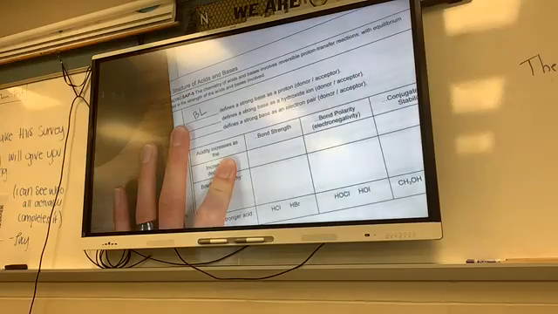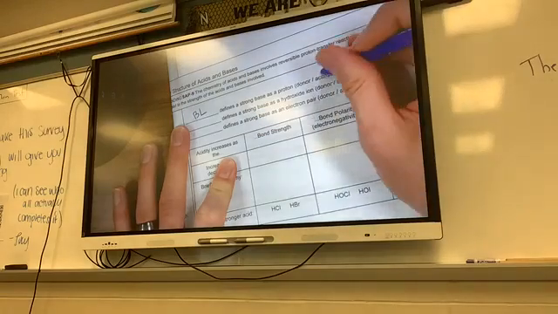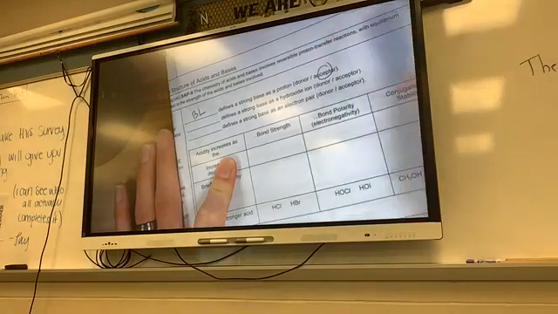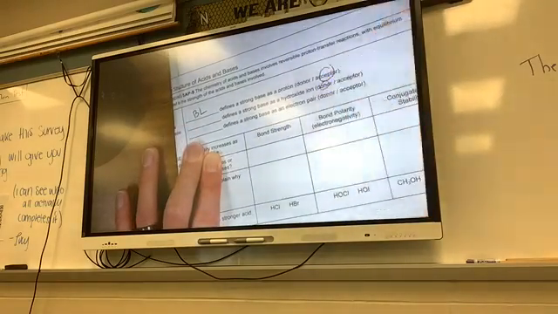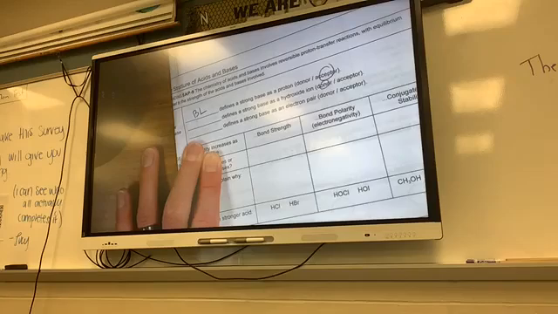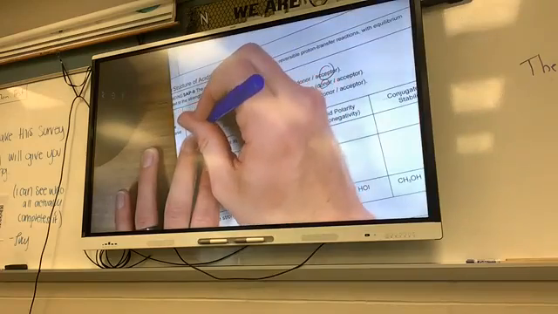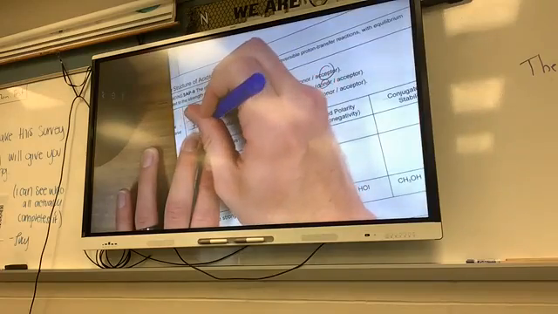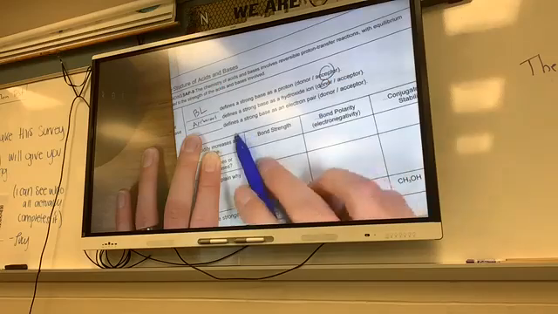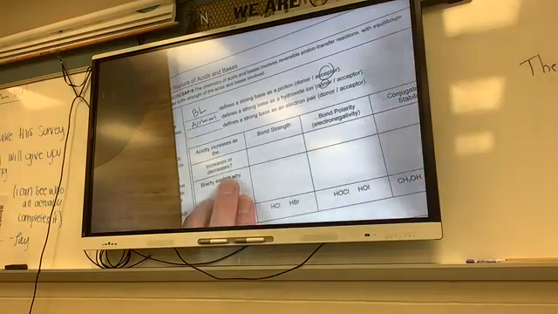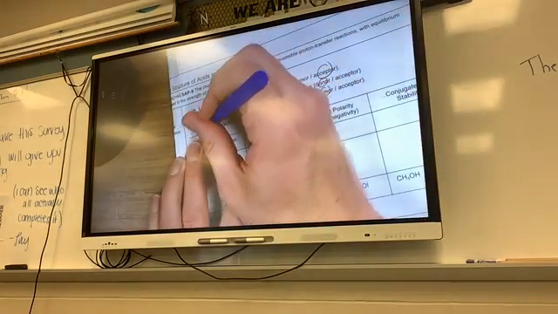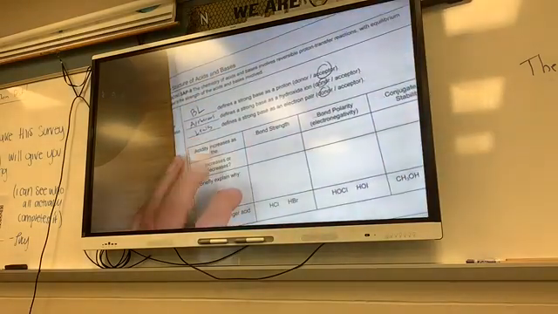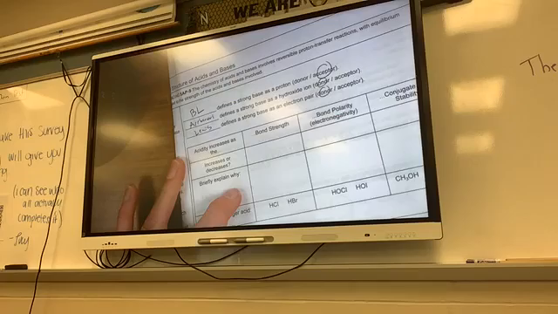Bronsted-Lowry defines a strong base as a proton acceptor. Blank defines a strong base as a hydroxide ion donor. Which one is that going to be? Hydroxide is Arrhenius. Blank defines a strong base as an electron pair donor. Lewis, because I always think of Lewis dot structures. Know what a Lewis dot shows? Electrons.